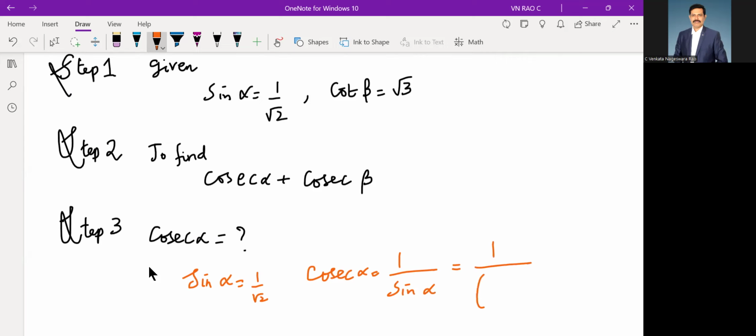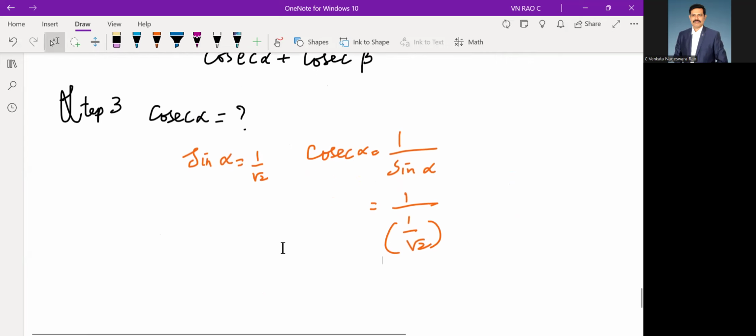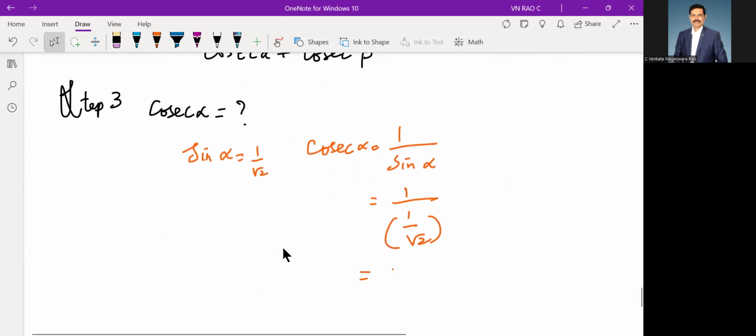This becomes 1 by 1 by square root 2, which is 1 into square root 2 by 1. So ultimately the answer is square root 2.